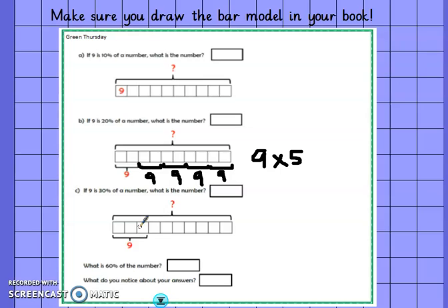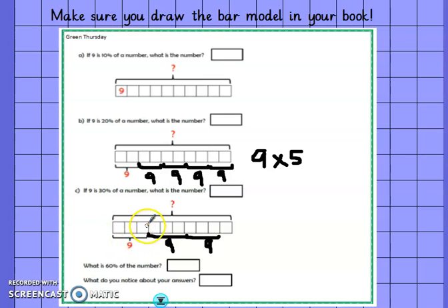Here it says, if 9 is 30% of a number, what is the number? So this is a little bit more complicated. We can do some of them equally. That's 30% and that's 30%. So I can put 9 and 9 here. To find out what this final one represents, you need to work out what 10% would be.